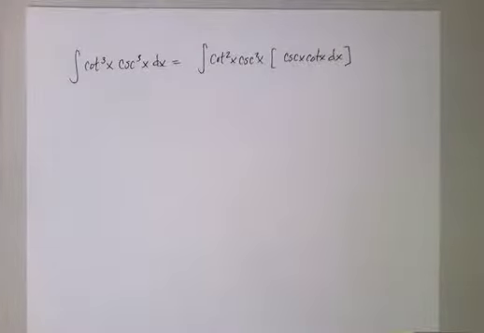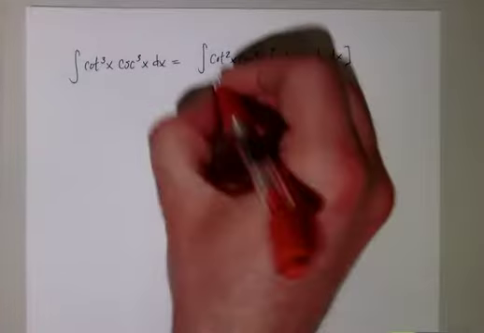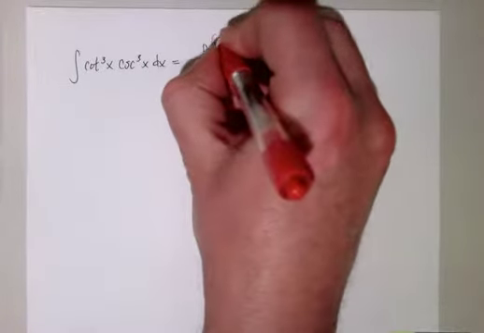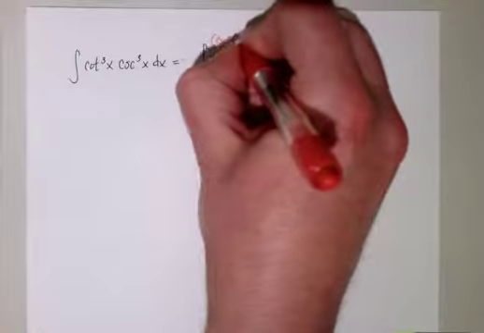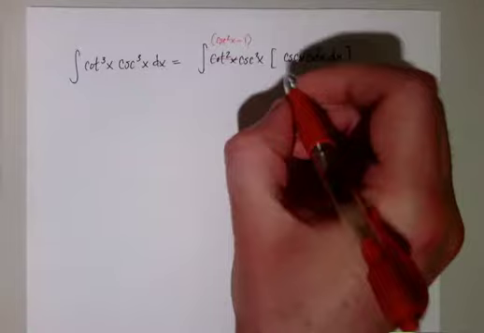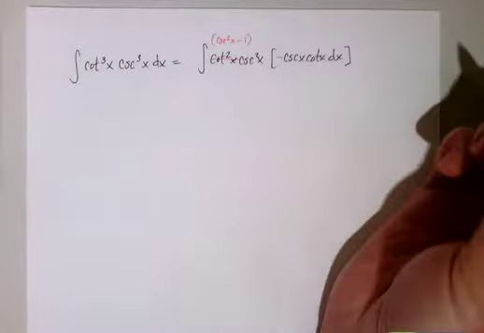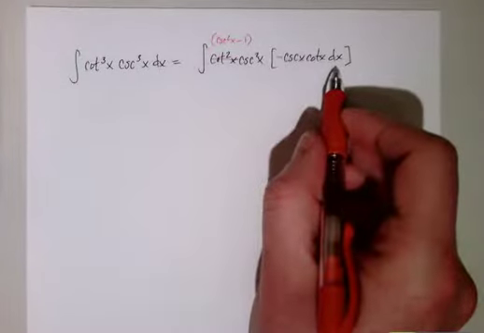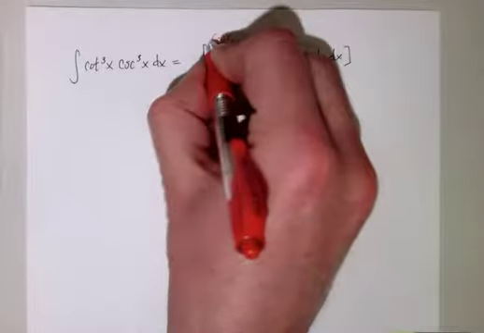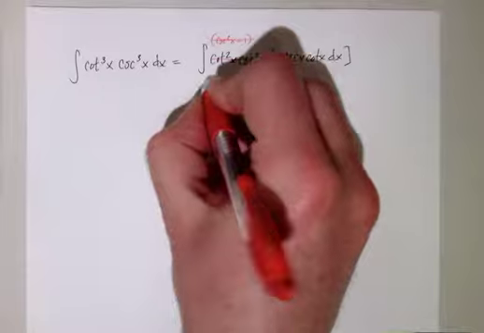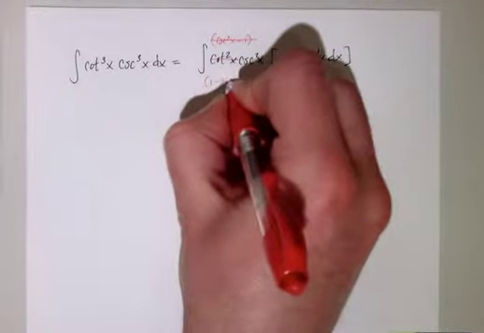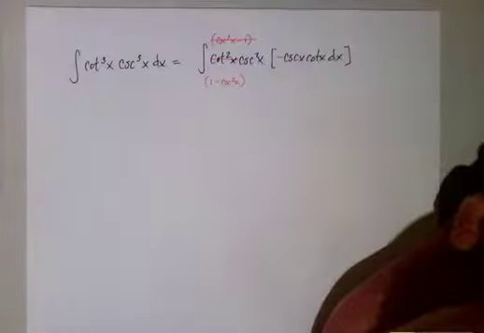Okay, here's what I'm going to do now. I want it in terms of cosecant. So this cotangent squared is going to become cosecant squared minus 1. I need a negative right here in order for this to be a proper du. So instead of putting the negative out in front, I'm actually going to flip this difference.